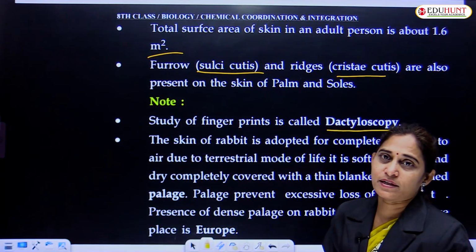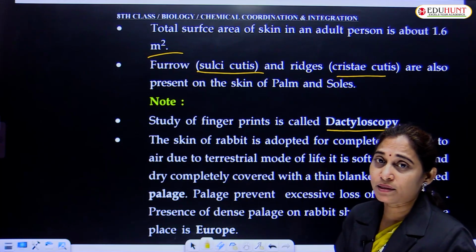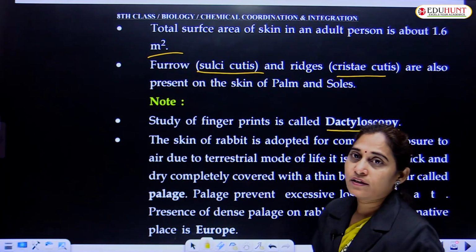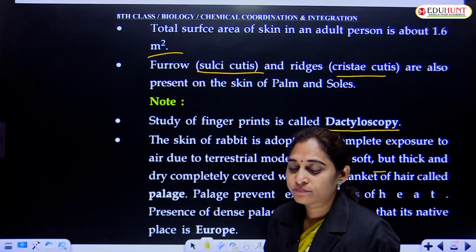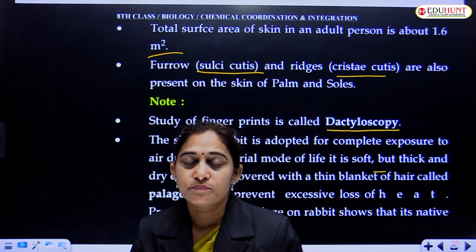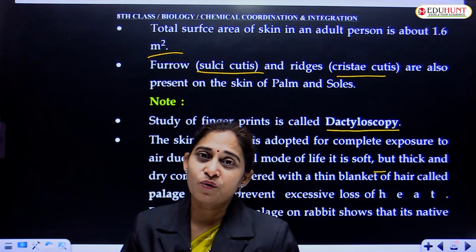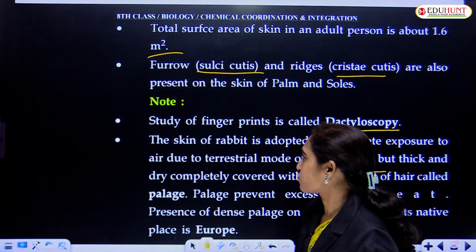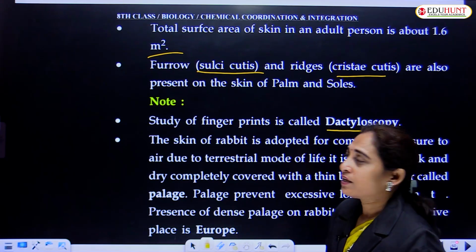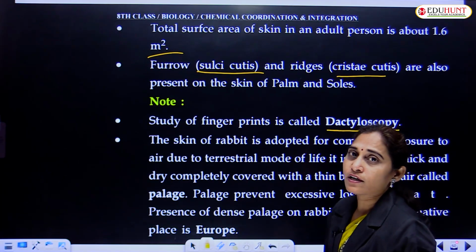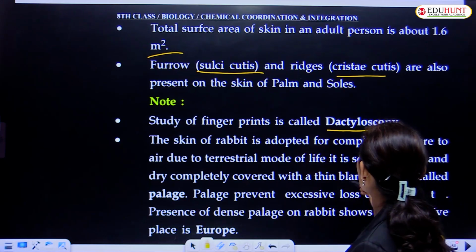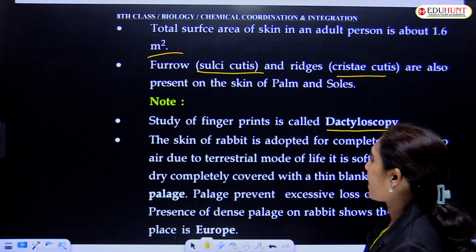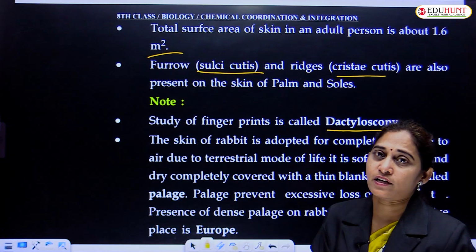The skin of rabbits. Rabbit is a mammal, a typical example of a mammal for which, for several years, the rat and rabbit were the experimental organisms for a biological student. The skin of rabbit is adapted for complex environmental changes because of its exposure to the environment, because it is a terrestrial animal.